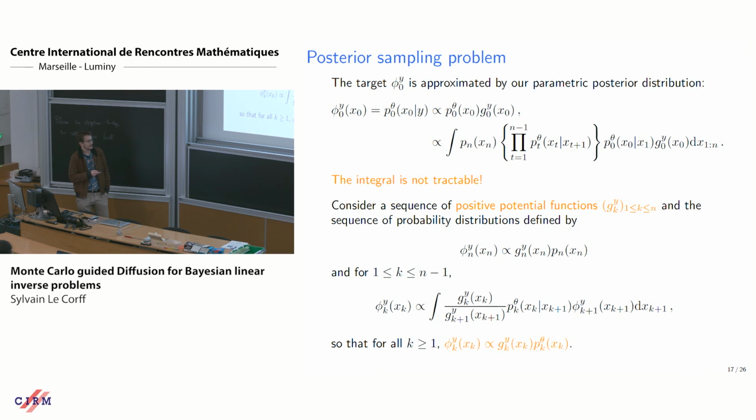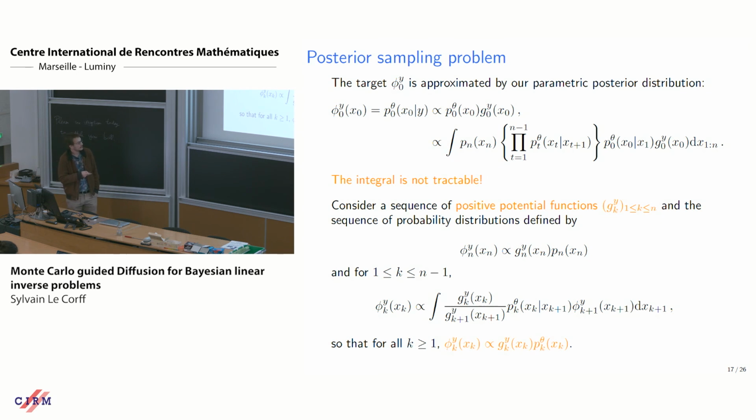And instead of sampling directly from this, we're going to try to solve a Bayesian posterior estimation for this time. We are not really interested in the solution of this, but if you build this recursion, which is really easy to write, you can directly see that you have a recursion between phi k and phi k plus 1. So if you have a good approximation of your posterior at time k plus 1, you can hope that you will have one for time k.